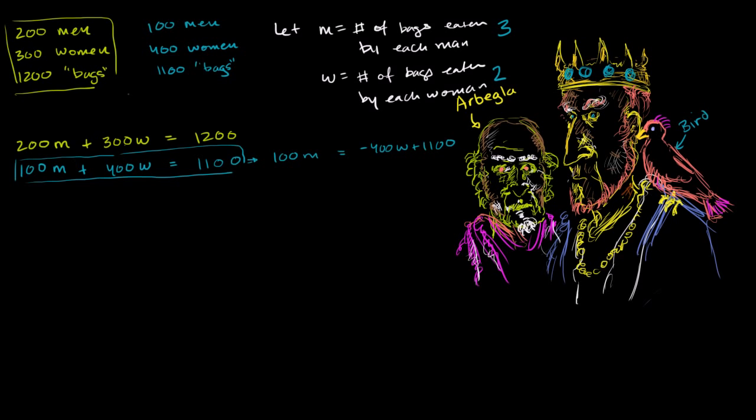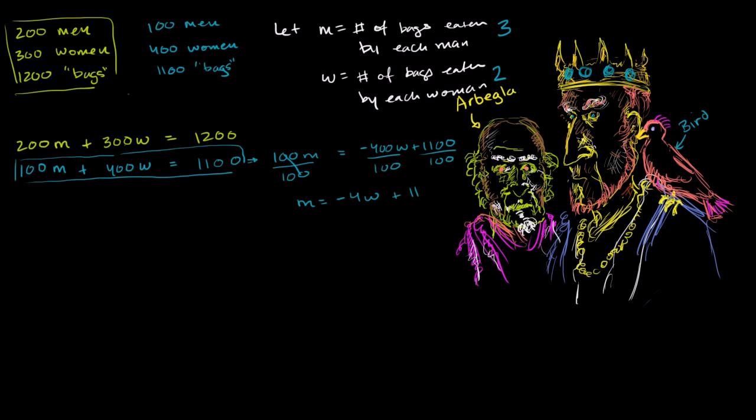And then if we want to solve for m, we just divide both sides by 100. So we just divide all of the terms by 100, and then we get m is equal to negative 400 divided by 100 is negative 4w. 1100 divided by 100 is 11, plus 11. So now we've constrained m in terms of w. This is what the bird is saying using the king as his translator.